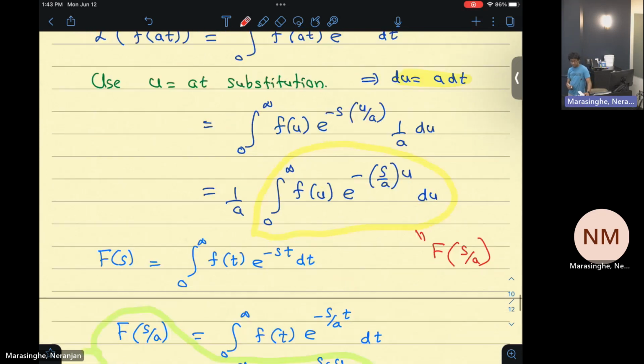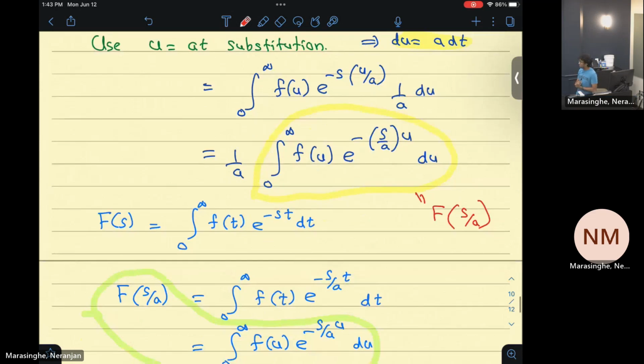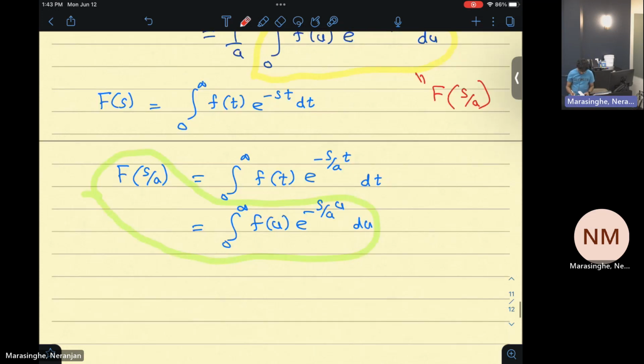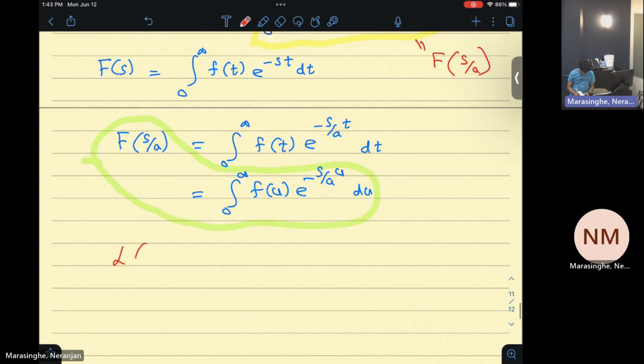I proved that. Right? Is that clear? Because I evaluated capital F at s divided by a and I got the same result. So now I can state that the Laplace transform of f(at) is equal to 1 over a times capital F(s divided by a).